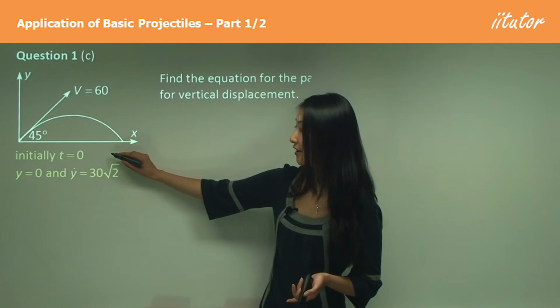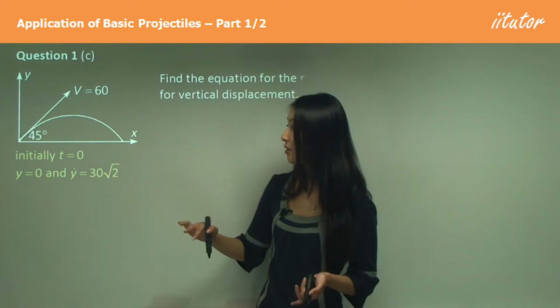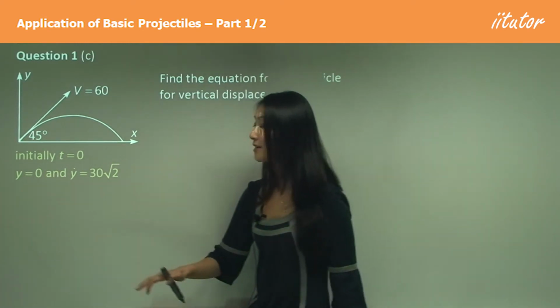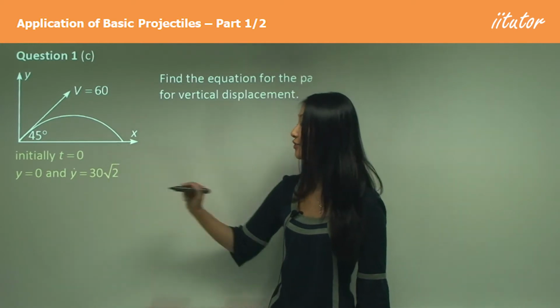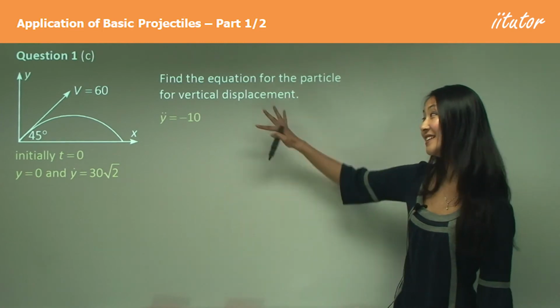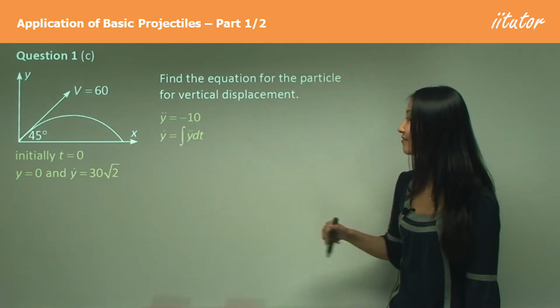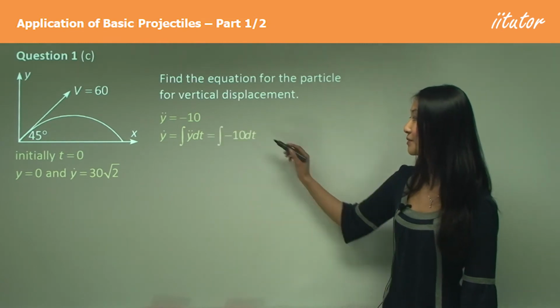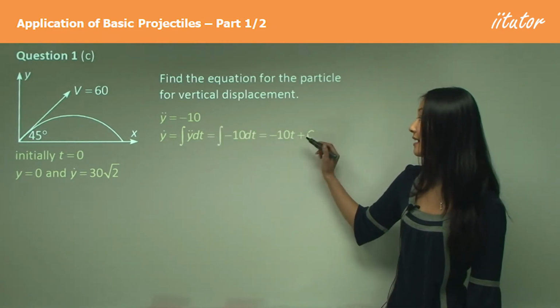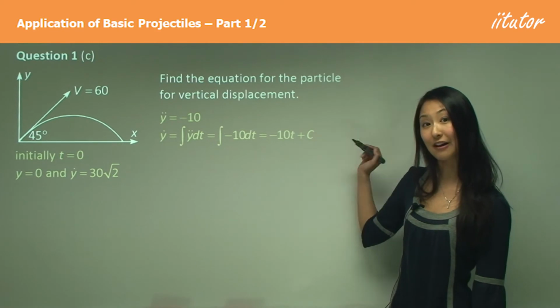Initially, t equals 0, and when t equals 0, our displacement is 0, but our velocity was 30 square root 2, which we just worked out, our initial velocity there. So starting off, acceleration is -10. Our velocity is the integration of that, so that equals negative 10t plus c, our constant.